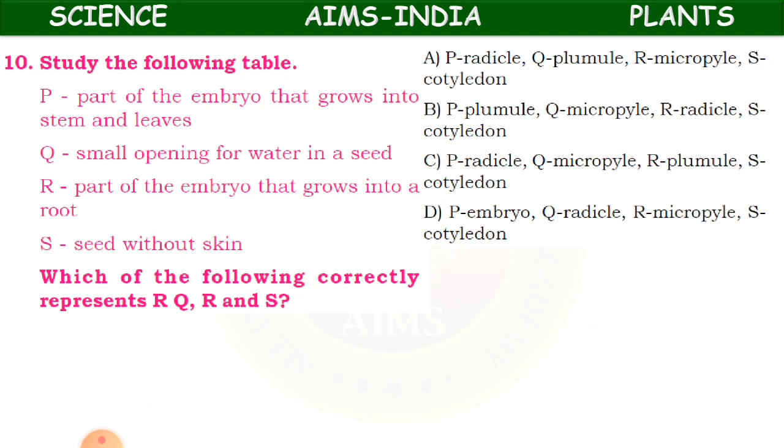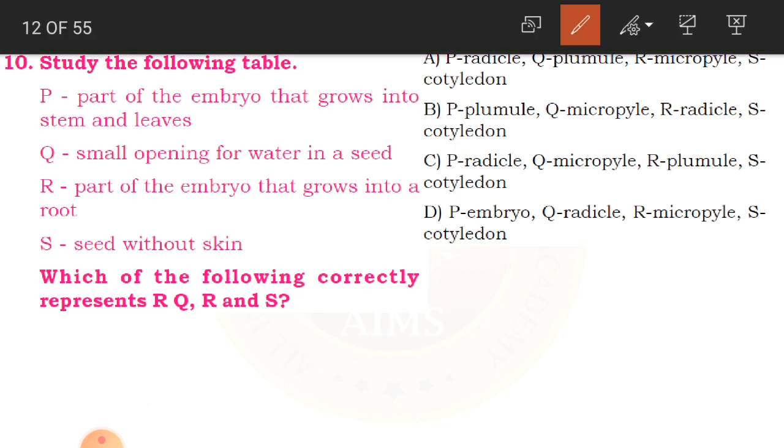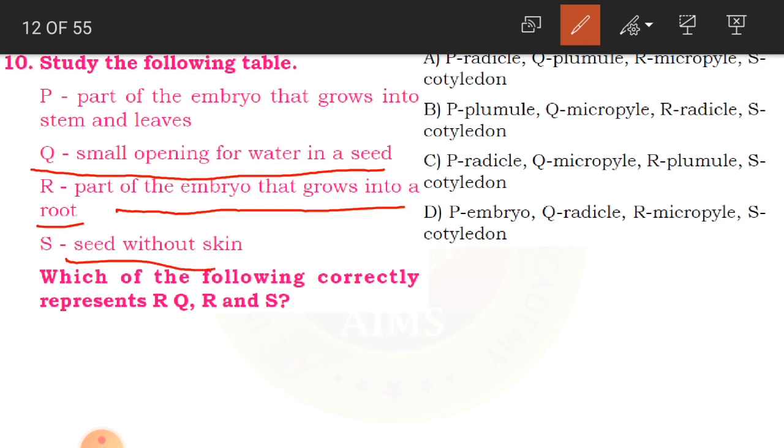Study the following table. P represents the part of the embryo that grows into stem and leaves. Q is a small opening for water in a seed. R is the part of the embryo that grows into a root. And S is a seed without skin.